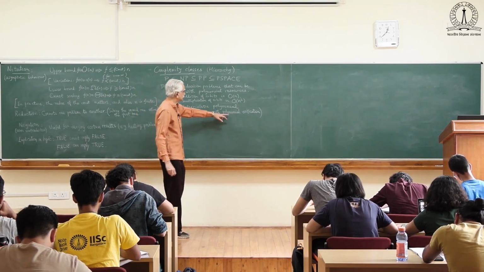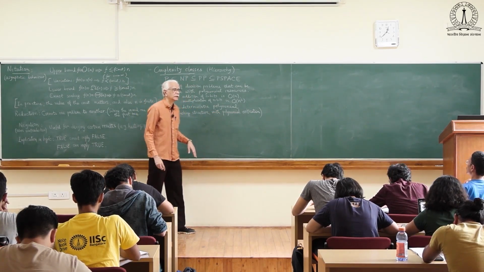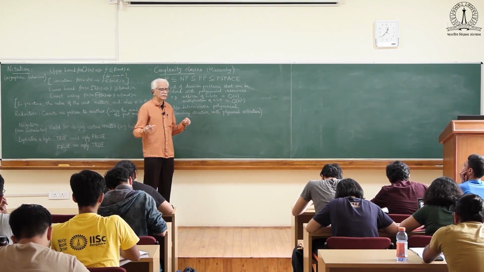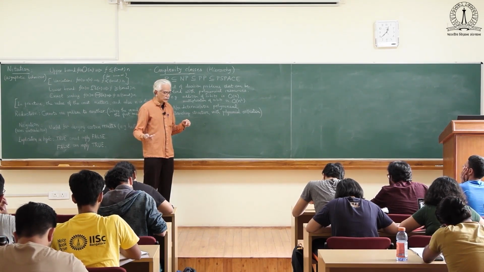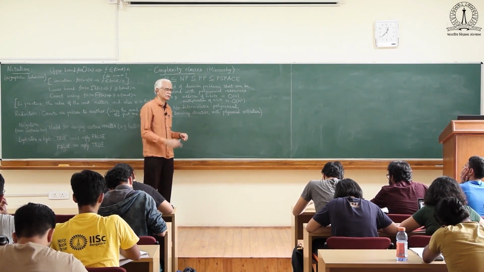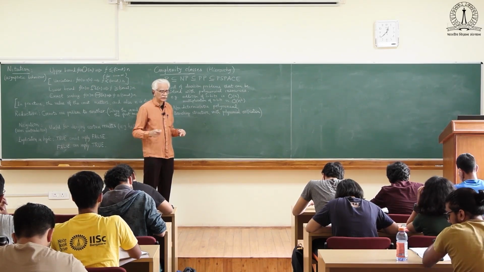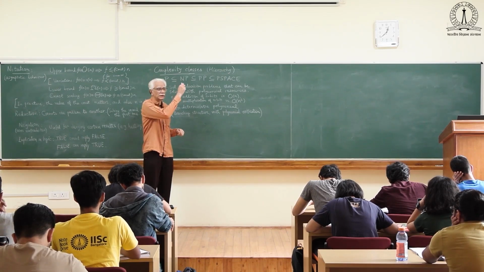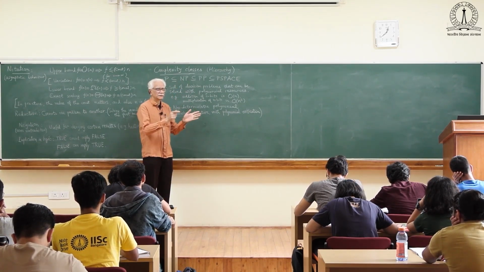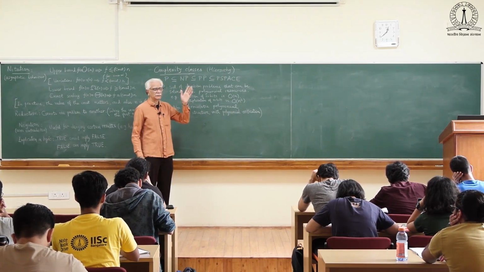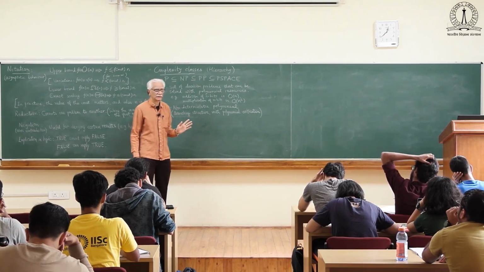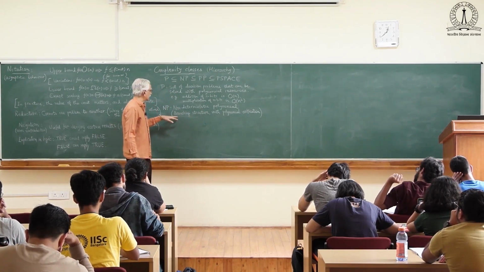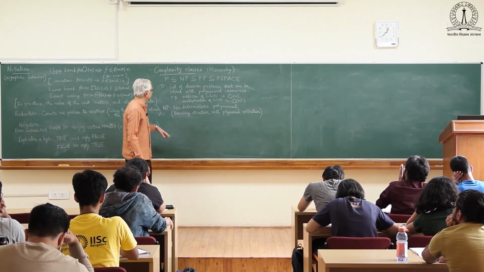Why can this verification be easy? Because it will go through the branches in the reverse order. Given the answer, you want to check whether it's correct or not, you have to go up the branch, and the reverse process is just a number of steps. The branching doesn't matter.